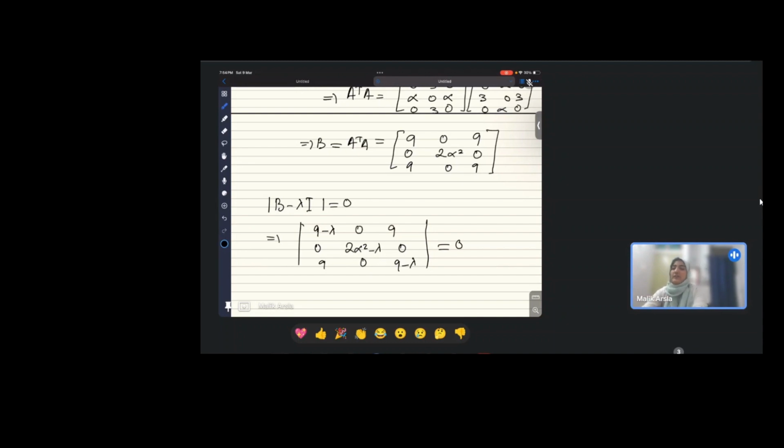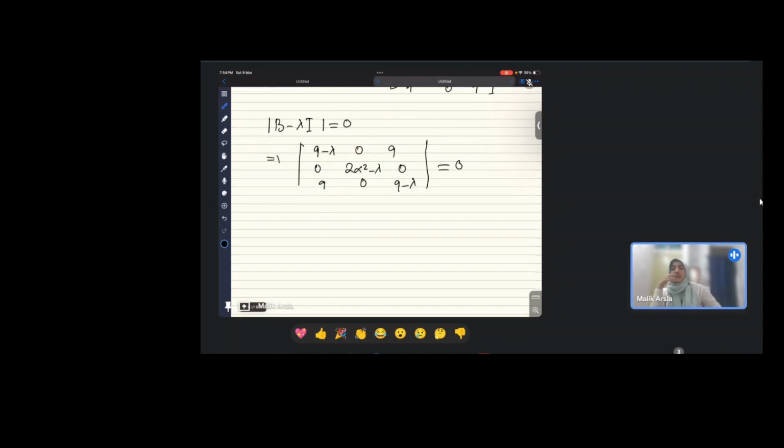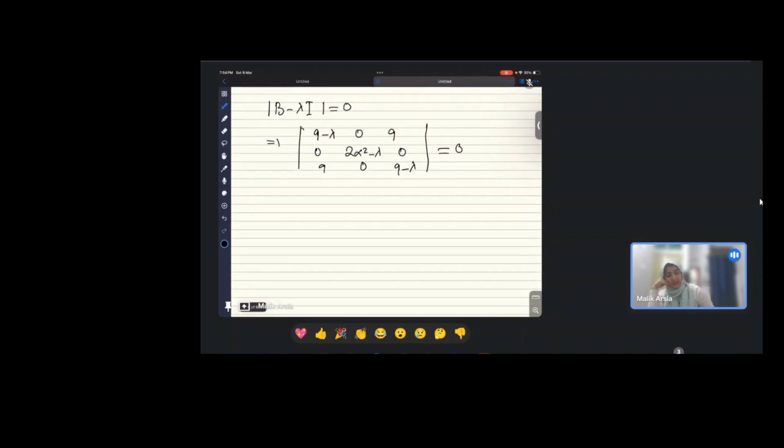So if you calculate the values meanwhile, you can let me know. What is the characteristic polynomial you're getting, Kavita? I'm doing it. Give me some time.